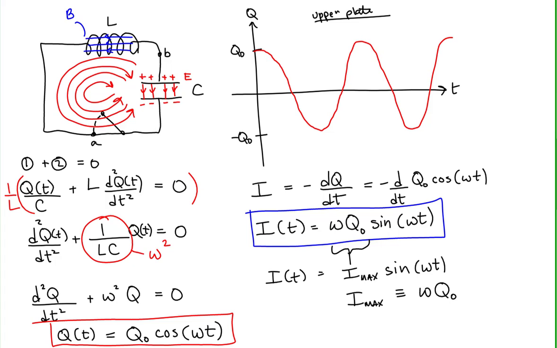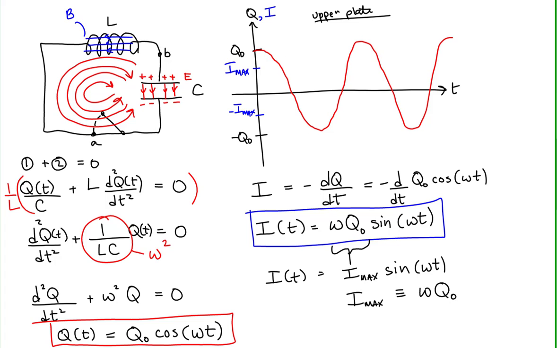Let's add this current to our graph. So the scale isn't going to be the same, but I'll just put I on the vertical axis, and we will just say that Imax is here, and again, the scale is not necessarily the same on these two. We're just drawing them on the same axis for illustrative purposes.